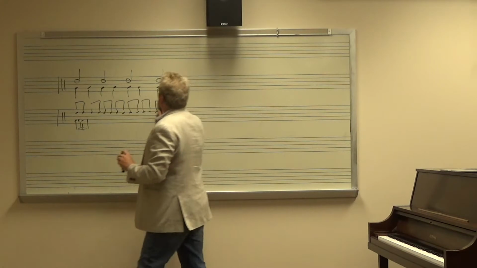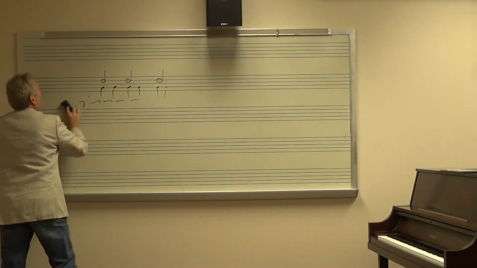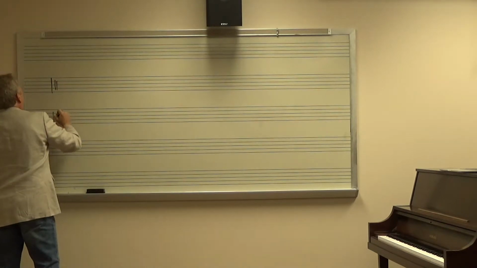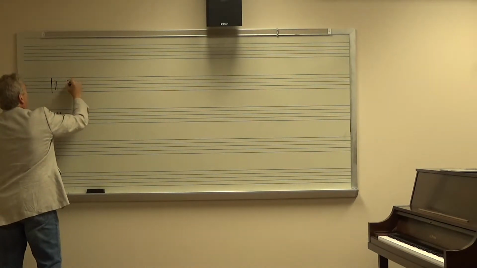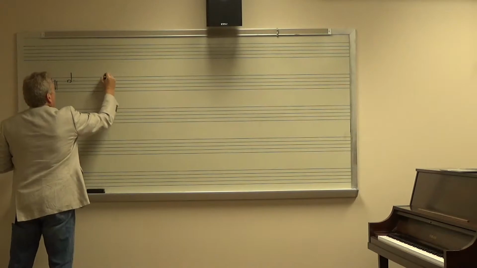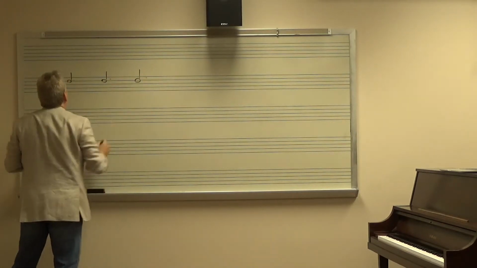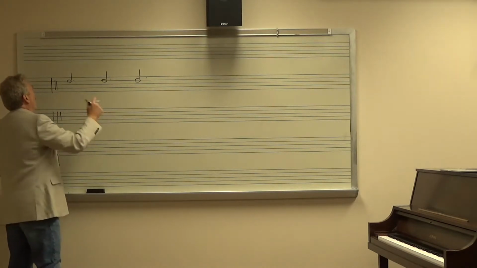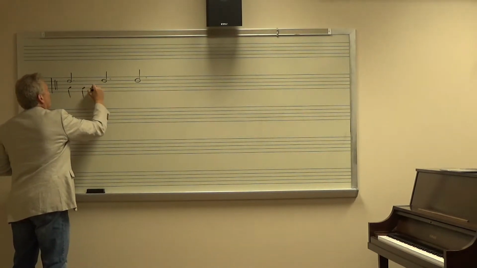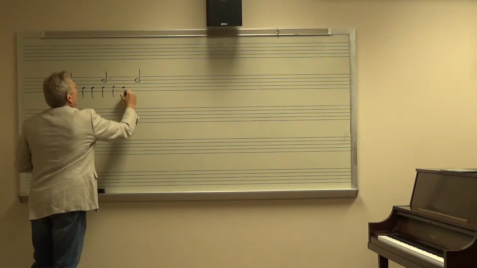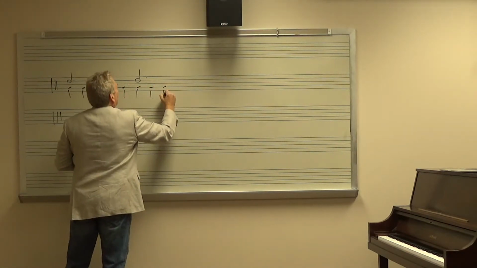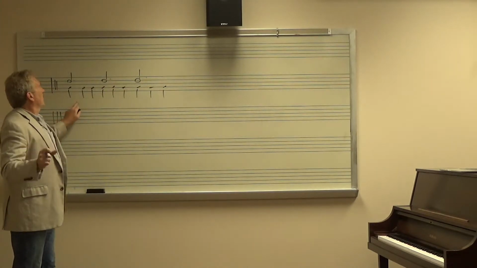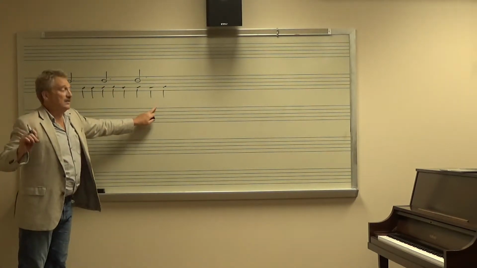In compound time, watch very carefully what I do. My beat is divided in 3. So my pulse, I will choose as my dotted half note. Ta, ta. My first division will be in 3: ta, ta, ta, ta, ta, ta.